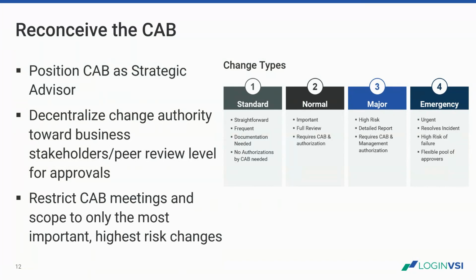And then the last idea is to restrict the CAB meetings and scope to only the most important changes, the highest risk changes. So even though a normal change in ITIL's view does require CAB authorization, can we pull that out?